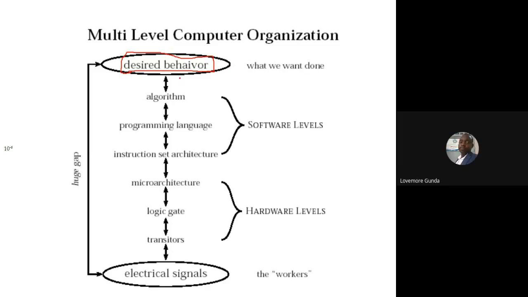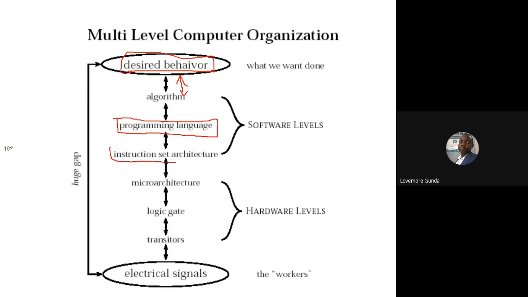But below that, for that to happen, there should be an algorithm that is running in order to perform that task. That algorithm will be running due to a programming language. So you write your algorithm in a certain programming language, then the algorithm will run.